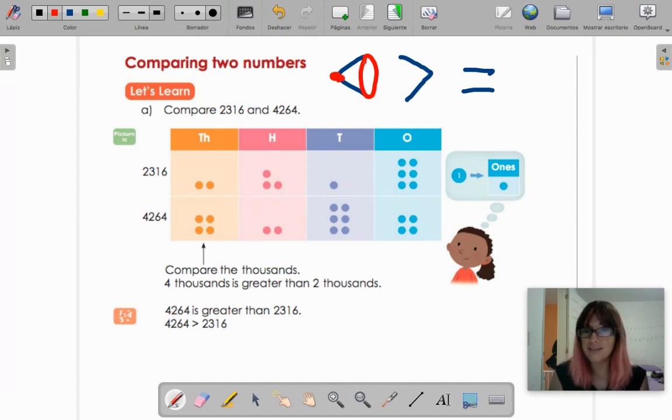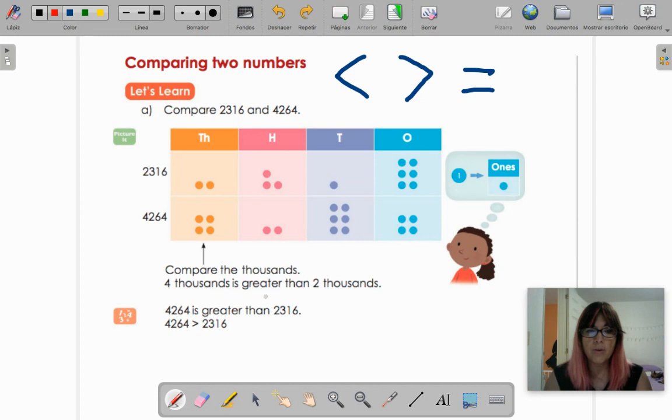I am sure this is going to be a super easy clue and you will never forget it. Repeat after me. Little part, little number. Big part, big number. Excellent. So, to compare numbers, we're going to use these symbols, okay?